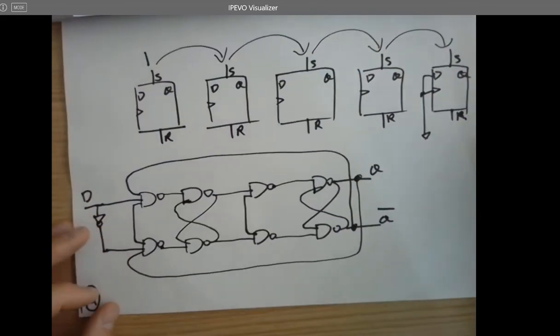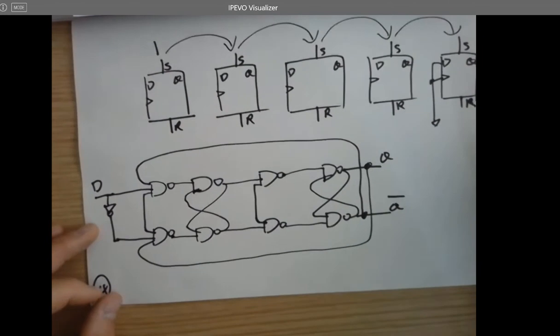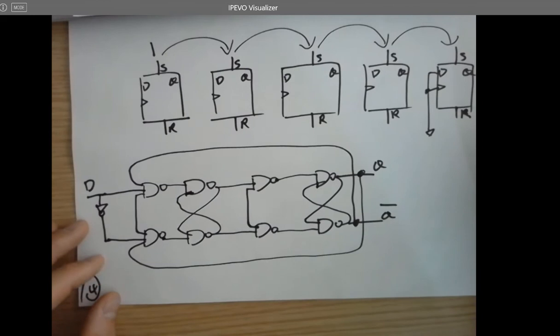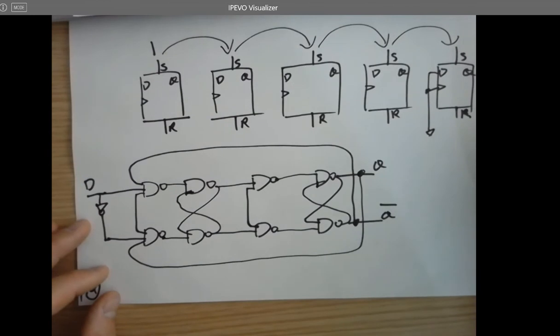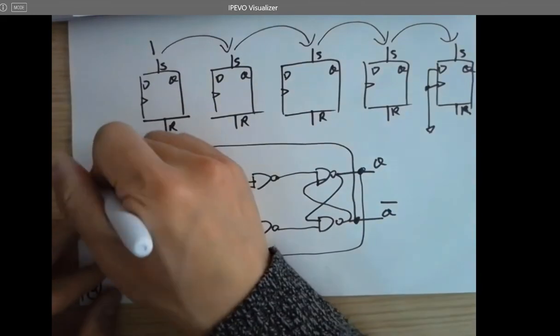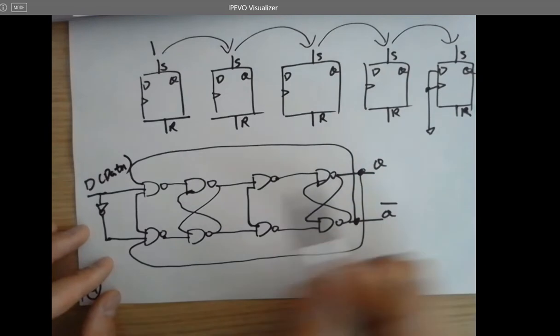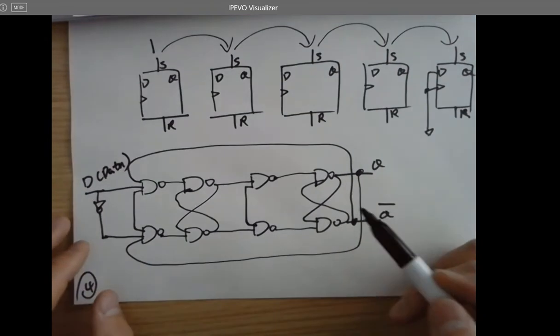And I'm going to make this guy a rising edge D flip-flop. What should I do to make it rising edge? So D means data, right? Whatever data is here will be transferred to Q, but only at the rising edge.